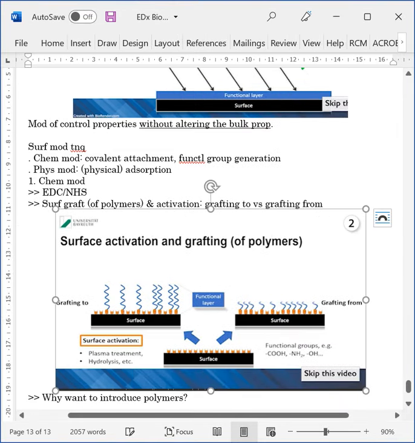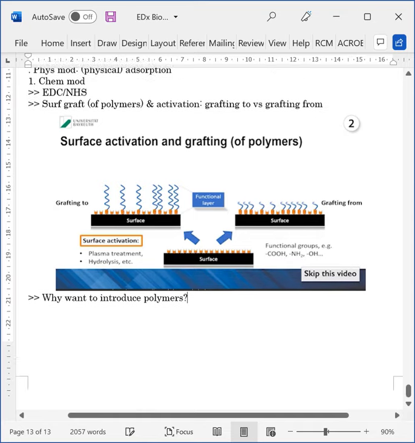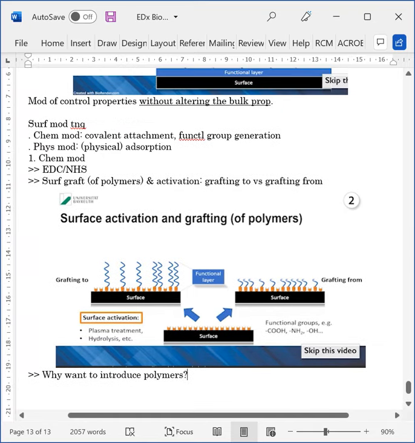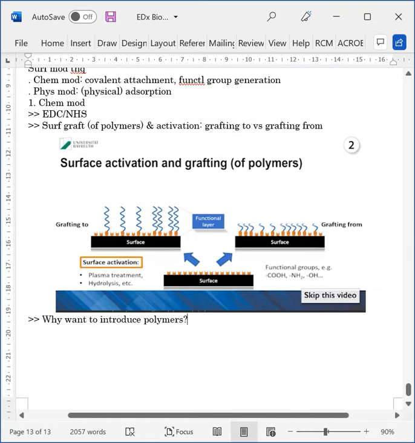By having functional polymers, as I said before, we can also introduce other functionalities on top of these polymers. So we can not only tune, for example, the hydrophilicity of the systems, we can also introduce groups which allow us later on to attach certain cell attachment moieties, like RGDs, for example.